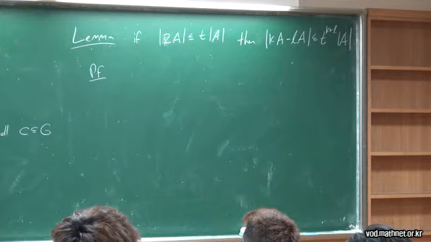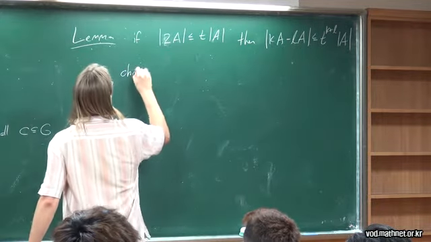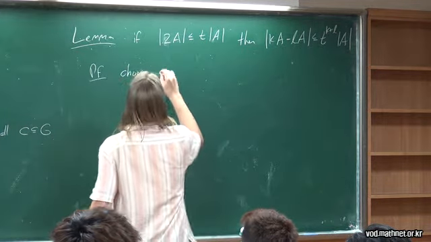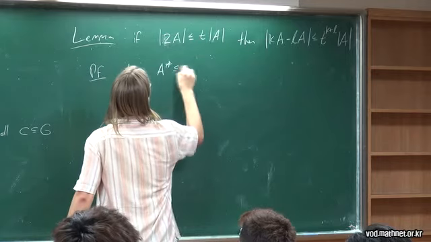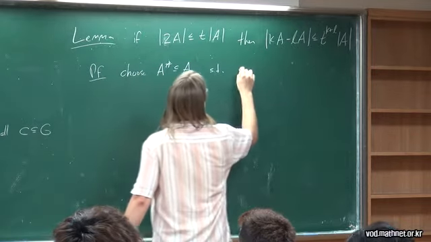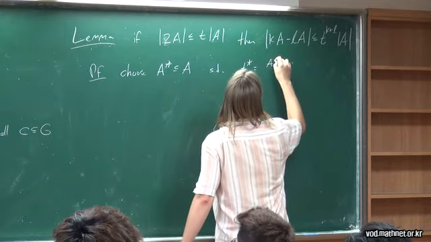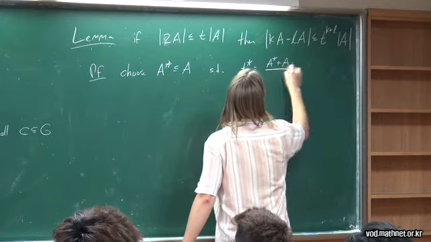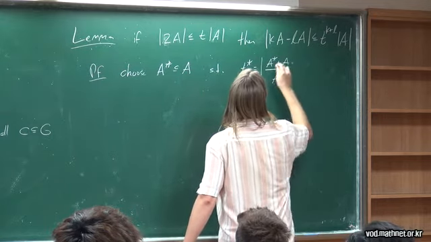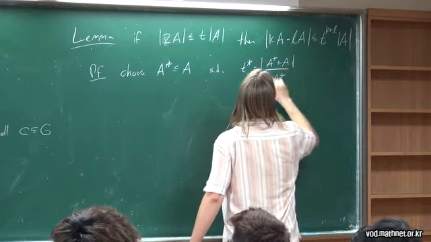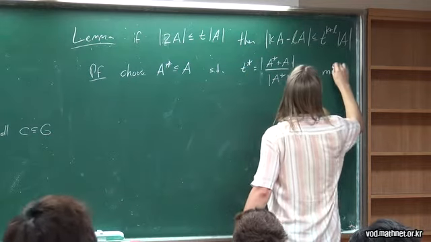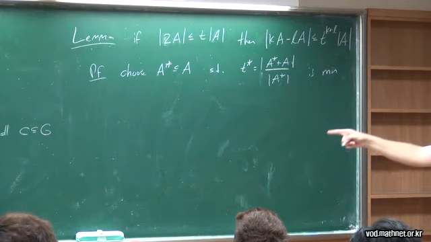Okay, so here's the proof. I'm going to choose A star, a subset of A, such that I'll call it now T star equals the size of A star plus A divided by the size of A star, is minimum. Okay, so you can see what I'm headed for.